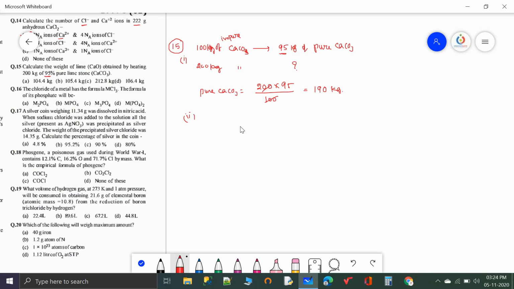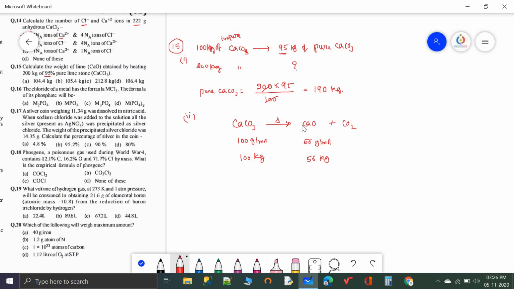And in the second step, we know that CaCO3 on heating decomposes to CaO plus CO2. Molecular mass of CaCO3 is 100 grams per mole and CaO is 56 grams per mole. Let us consider this 100 grams as 100 kg. If it is 100 kg, it becomes 56 kg.